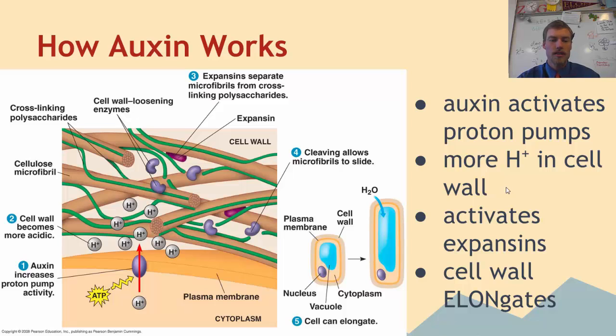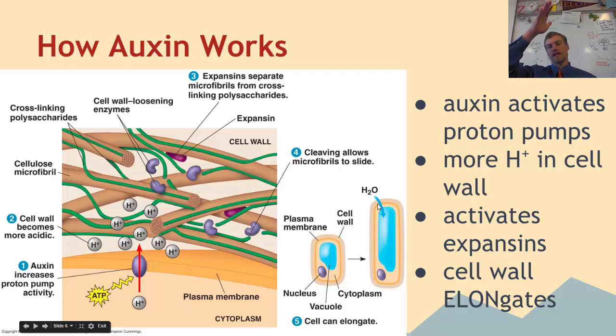How it actually works is what is known as the acid growth mechanism. So the auxin increases proton pump activity, and that is going to pump more hydrogen ions into the cell wall, so from the cell into the cell wall. And those increases in the hydrogen ions in the cell wall activate expansins, and those expansins cause the cell wall to elongate, as you can see here.